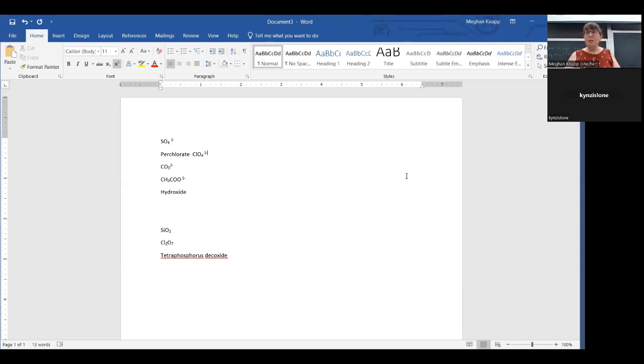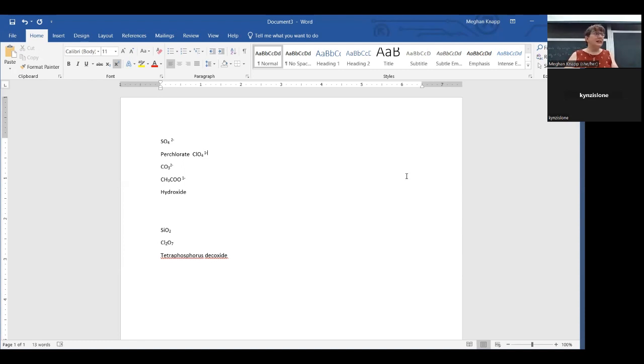Now there are some compounds that have familiar names, but for this class, I want you to use the systematic rules. So for example, you may have heard of the compound nitrous, which is short for nitrous oxide. We're not going to use nitrous. We're going to use the systematic naming rules that tell us how many nitrogens, how many oxygens.